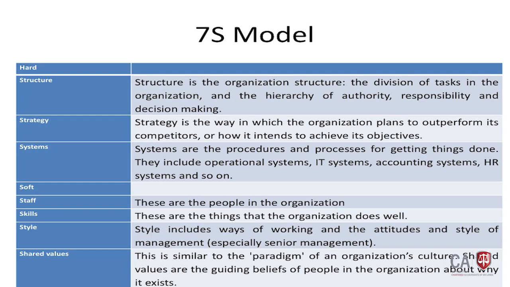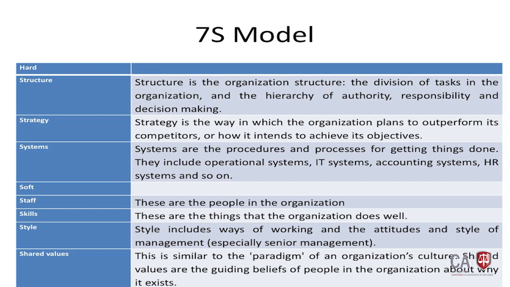Employees who are working in the organization we normally identify as staff. For example, how many people are there, and what locations do they operate in. Then skills. Skills mean the things that the organization does well. For example, customer service, or technology, you may have better technology. Those are examples of skills.